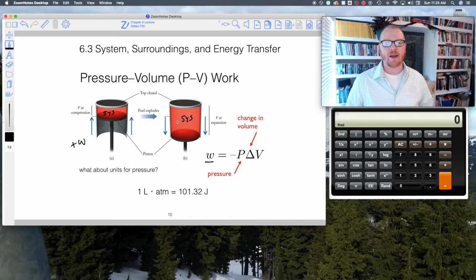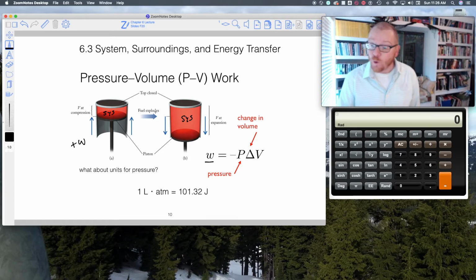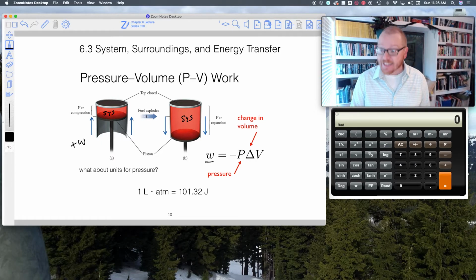But I call what's inside this piston the system because there's fuel that has chemical potential. That's right, we're going to connect all of this. So the fuel that's inside this engine has chemical potential to be used by the system to do work on the surroundings.